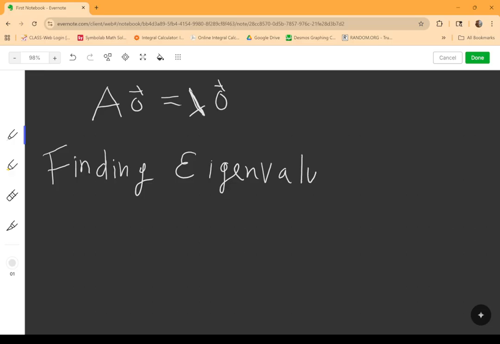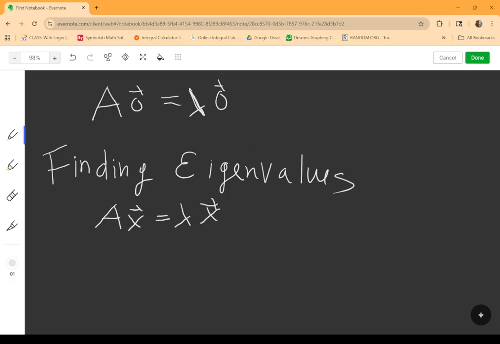What we're after is looking for lambdas that satisfy this equation.